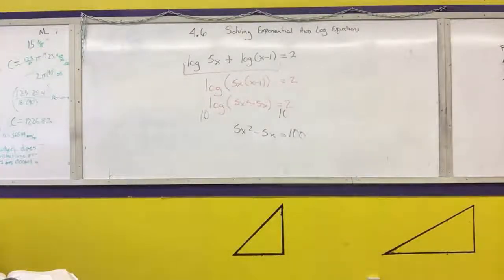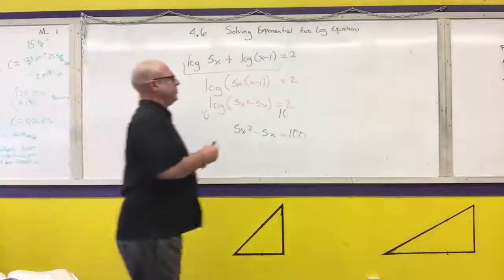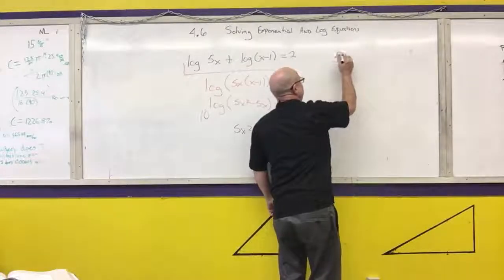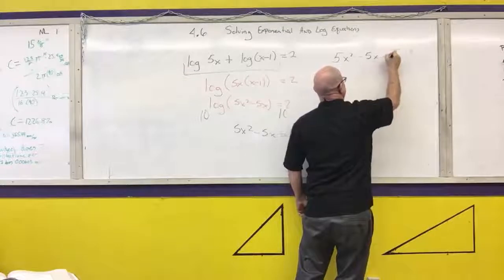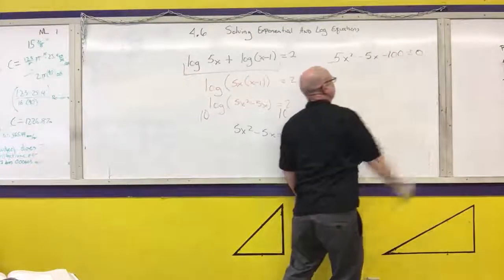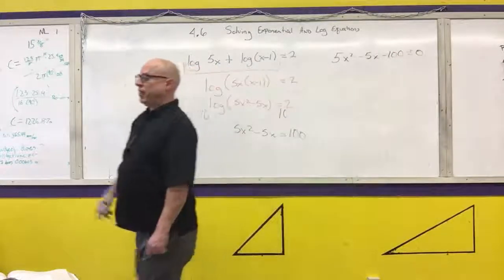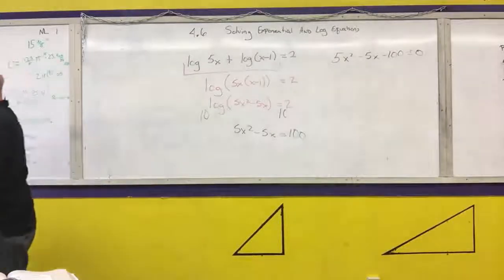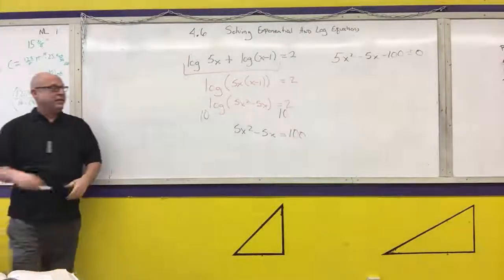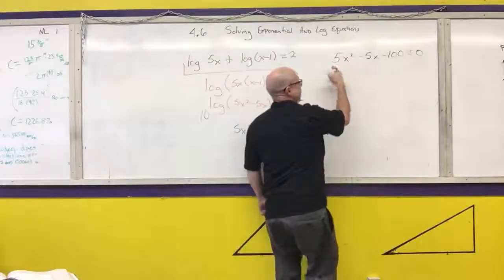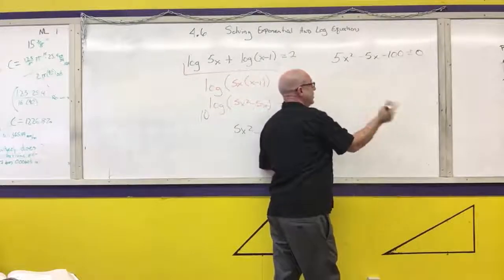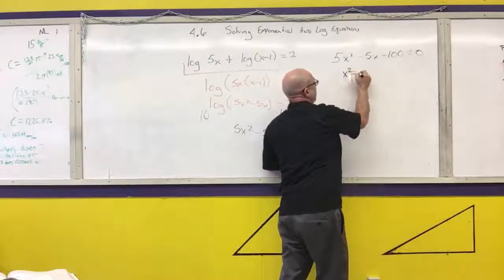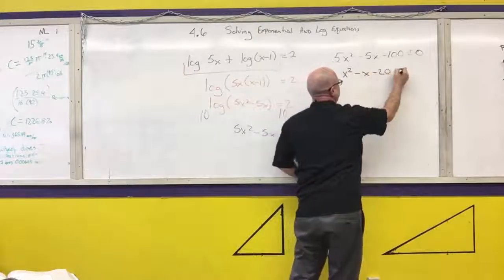It's a quadratic. So in order to solve a quadratic, you need to move everything to one side of the equation with a 0 on the other. 5x squared minus 5x, that would be a minus 100 now, equals 0. First thing I want to do before I try any factoring is to factor out the greatest common factor. Actually, I can divide everything by 5. What's 0 divided by 5? 0. So I'm now left with x squared minus x minus 20 equals 0.